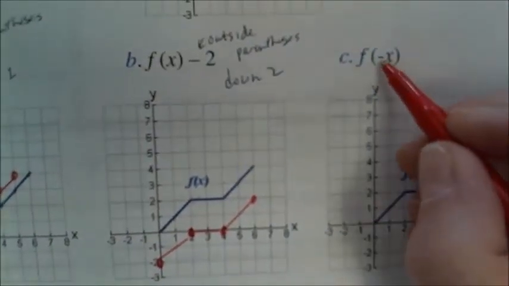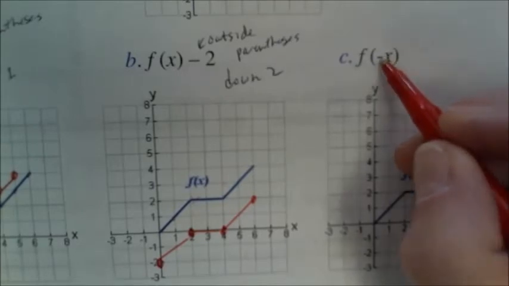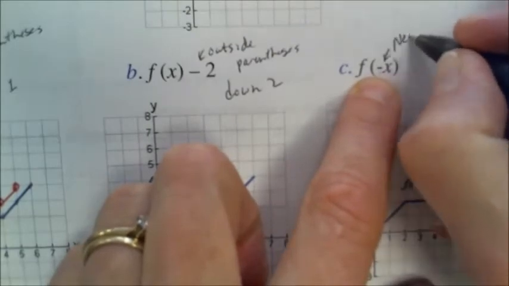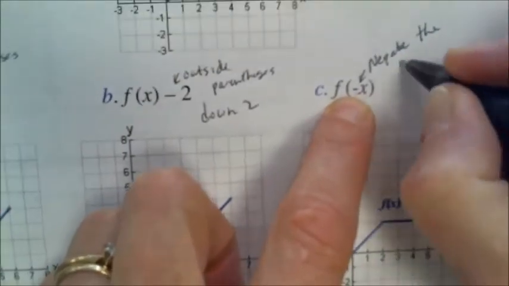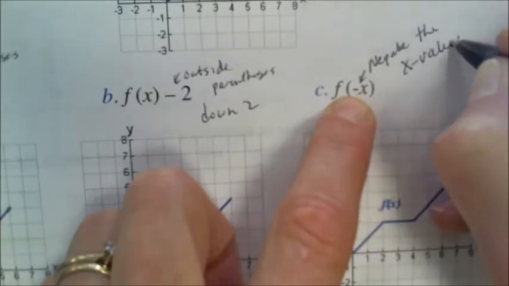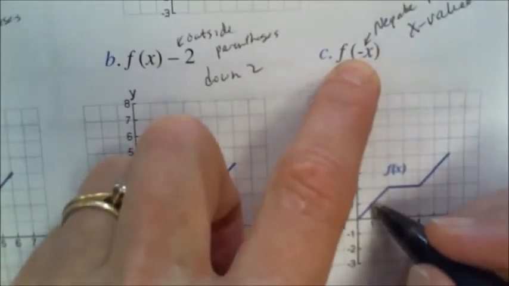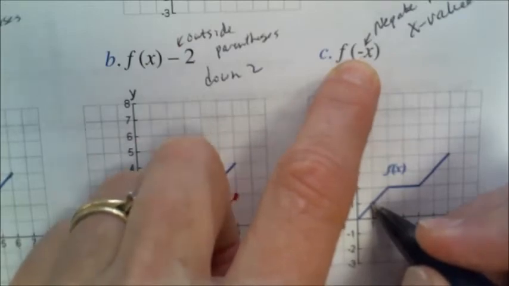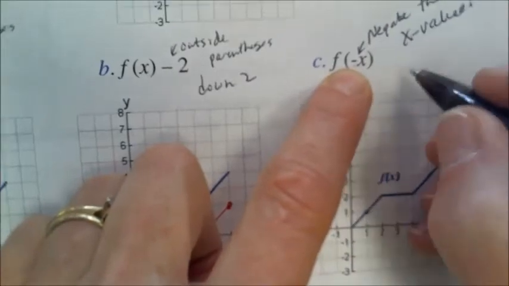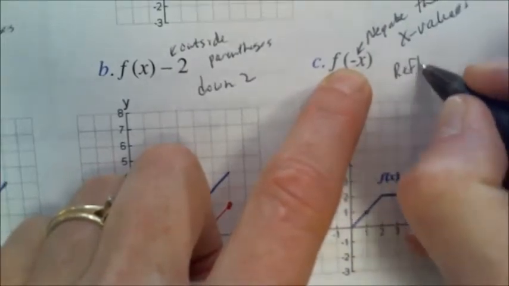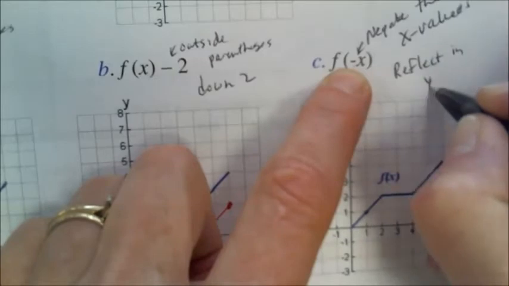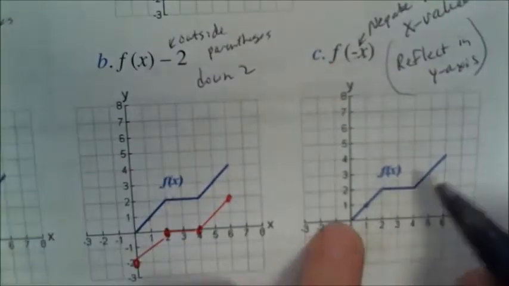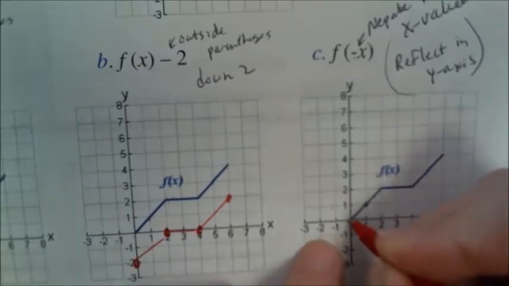This next one, this negative in front of the x means negate the x values. That's what the negative in front of the x means. Negate the x values of each point. So if we take this point, maybe 1, 1, if we negate the x value, we make it negative 1, 1. Negating the x values means reflecting in the y-axis. That's just what it means. So if we take all of these points, we don't even have to take every single one.